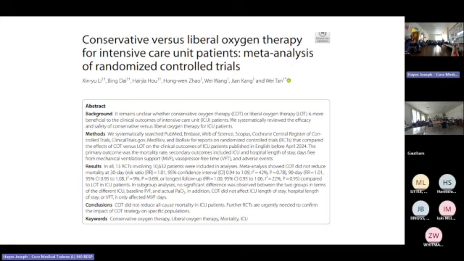In 2024, they did a meta-analysis involving 13 randomized controlled trials involving 10,632 patients. Conservative oxygen therapy did not reduce all-cause mortality in ICU patients, and they identified a need for further randomized controlled trials to confirm the impact of conservative oxygen therapy strategies in specific populations.